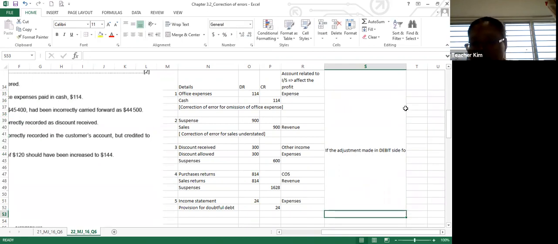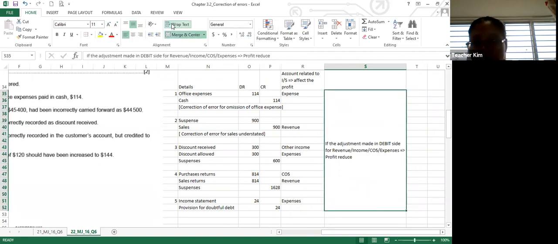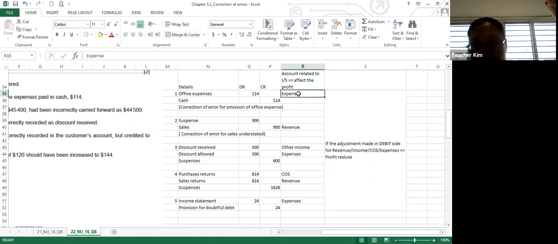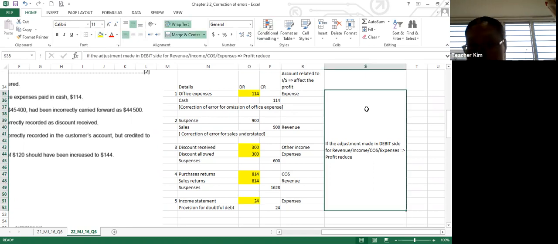So when we make this adjustment, like in the example here, debit here, debit here, and this one also debit. So basically these all reduce the profit.